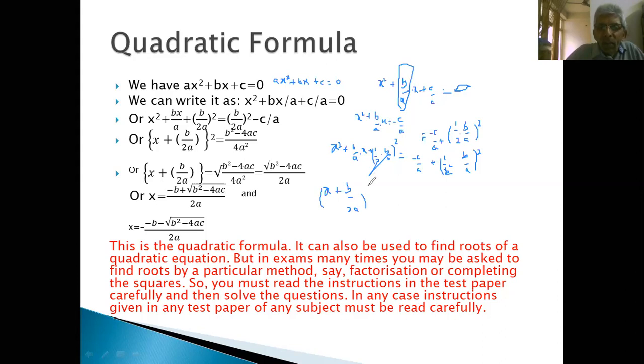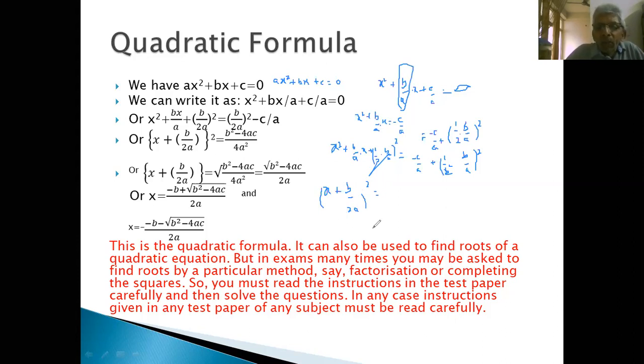If you open it, in the form a plus b whole square is equal to a square plus b square plus 2ab, here we get x square plus b by 2a whole square, which we had added, plus 2 into x into b divided by 2a, which means b by a into x.